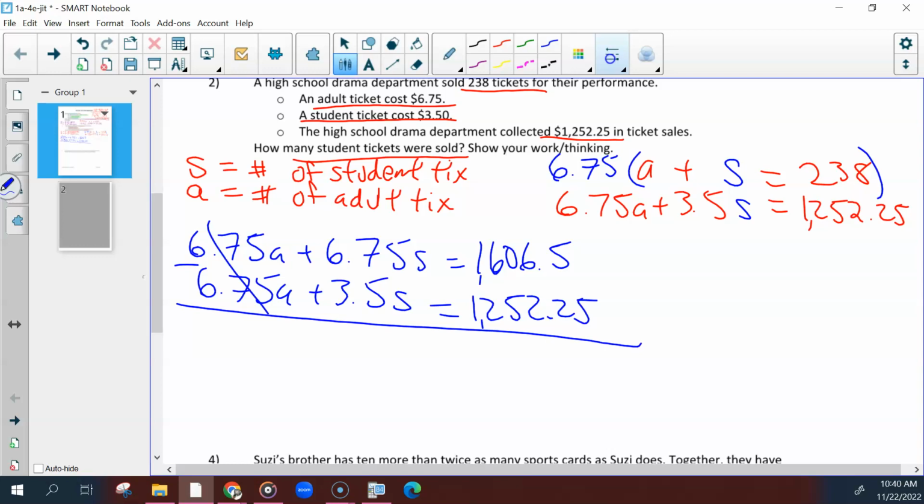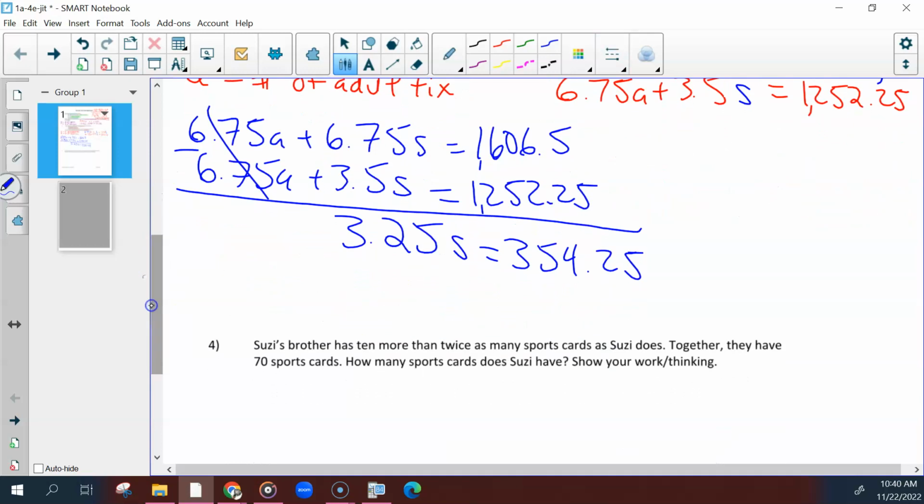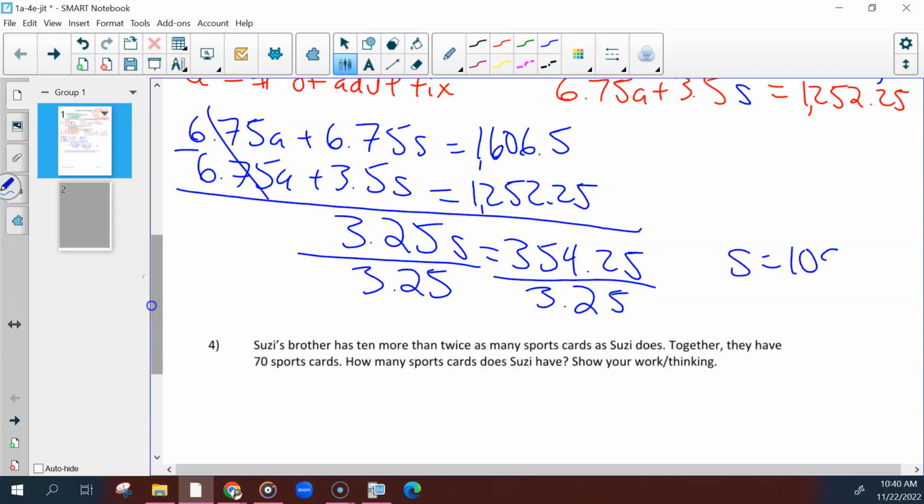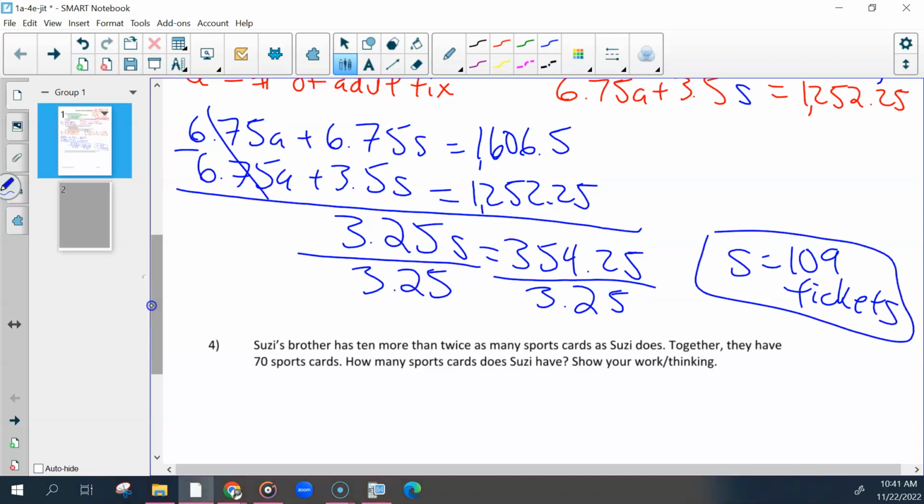So that we would get 3.25S and 354.25. And then divide both sides. So that S, your student tickets, the number of student tickets sold were 109.